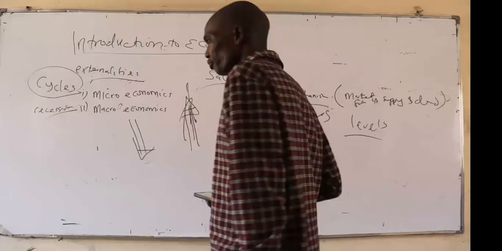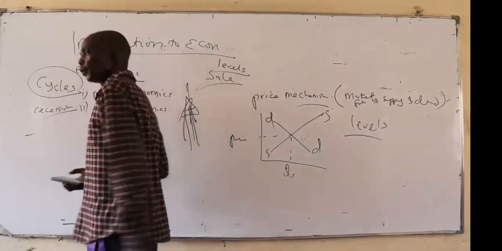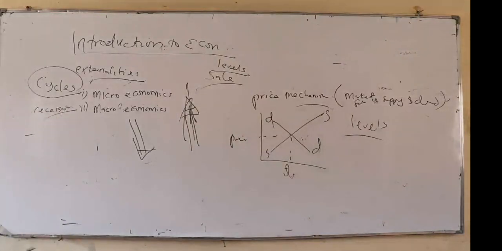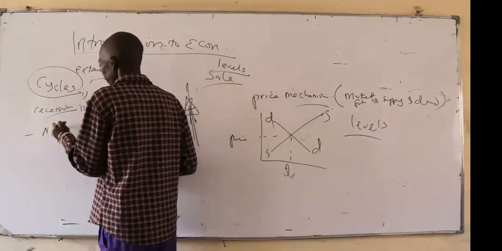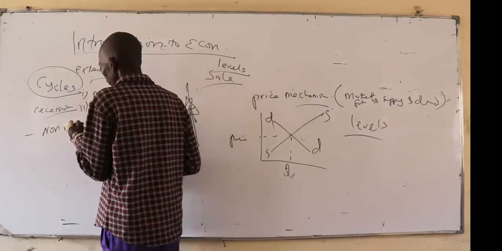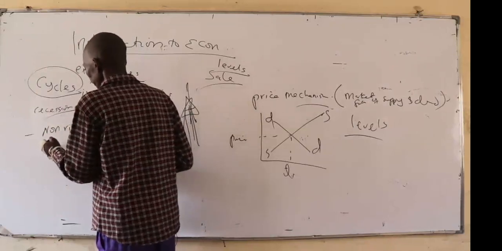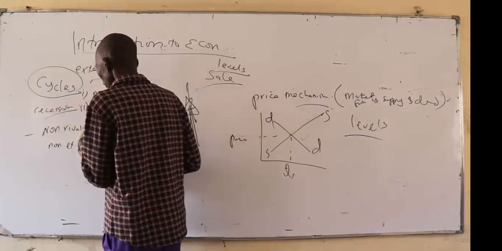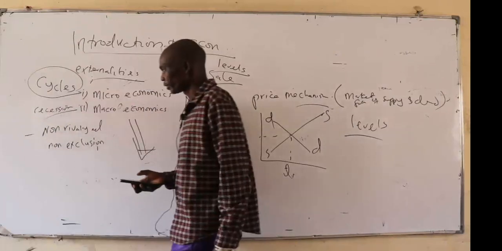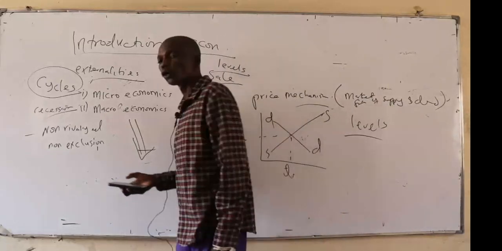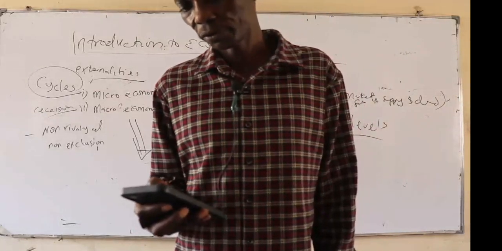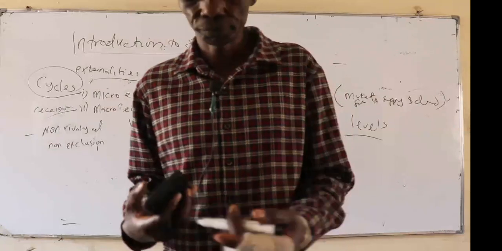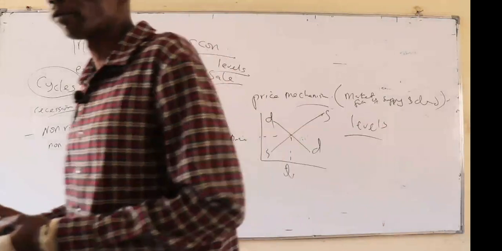Now, what are these public goods? Public goods are those which are characterized by non-rivalry and non-exclusion, e.g. roads, street lights, etc. Can you prevent your friend from using the road?